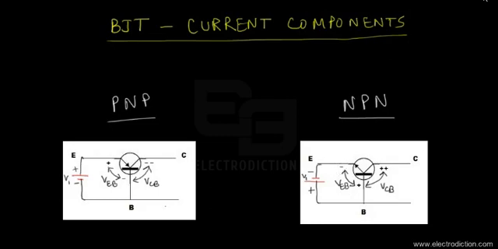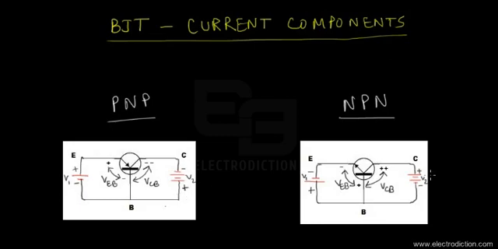Okay, so now if you look at the collector base end of these two transistors, you'll also see that in order to reverse bias the collector junction, or rather the junction between the collector and the base terminals, you also need to connect a voltage source designated here as V2 in both cases, with the corresponding polarities, as you can see, in order to keep the collector base junction reverse biased.